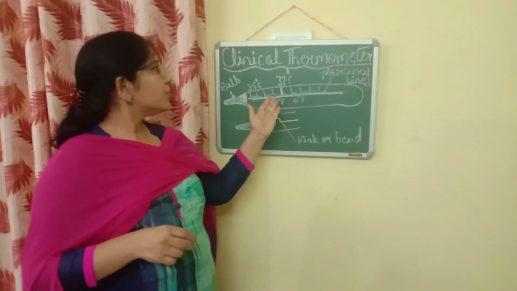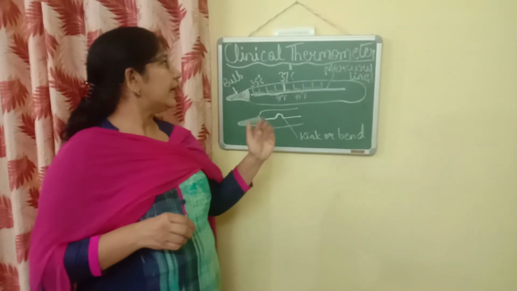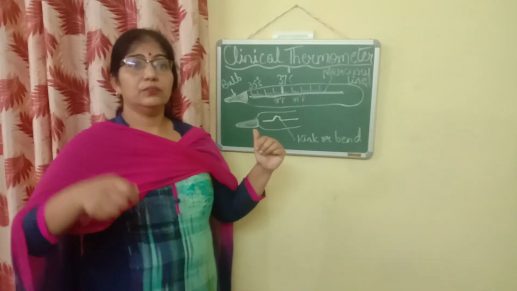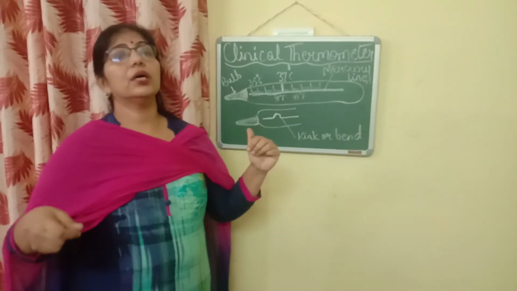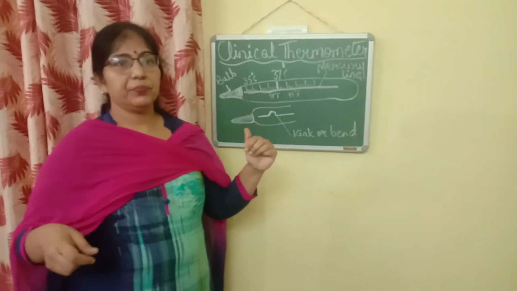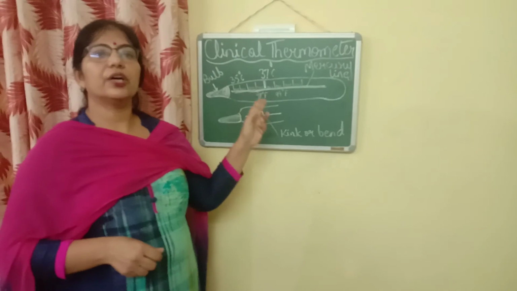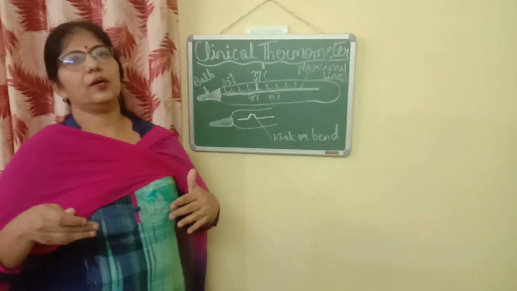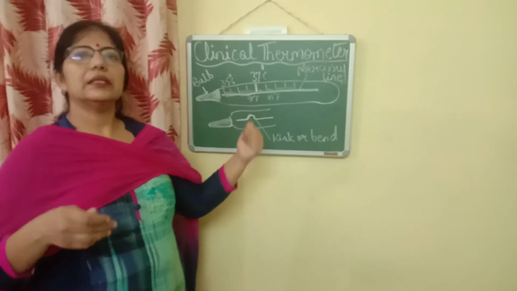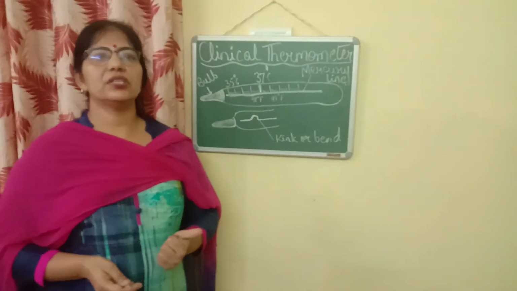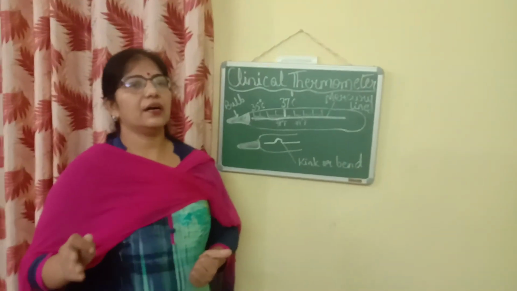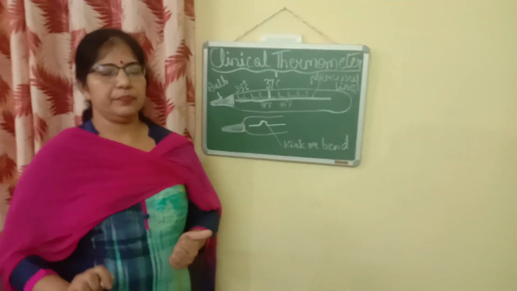Another precaution is that it should not fall on the ground or break, because it contains mercury, which is toxic. These are the precautions that we should follow while taking body temperature with a clinical thermometer.